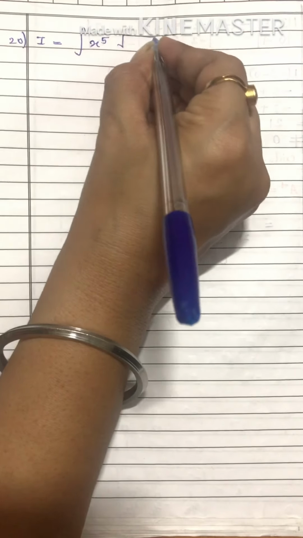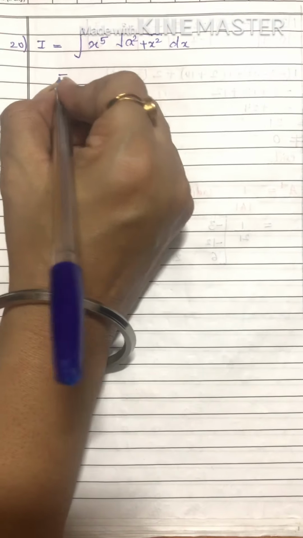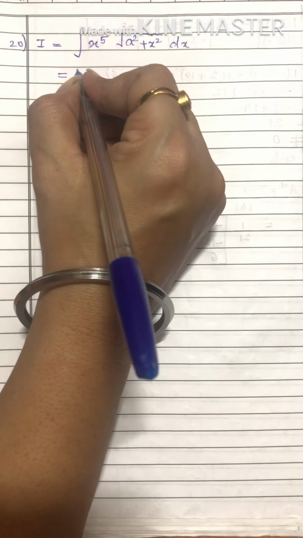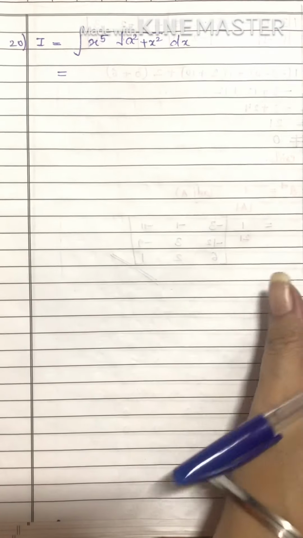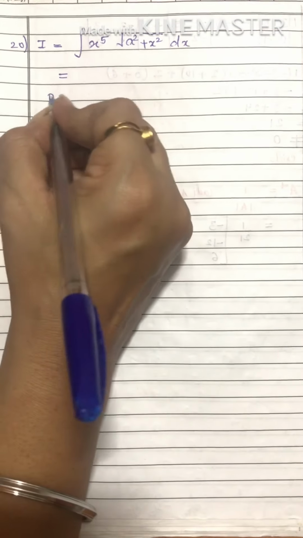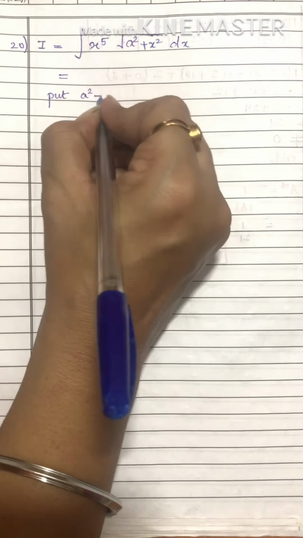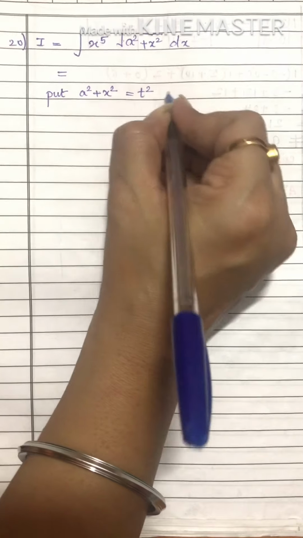The integral of x raised to 5 root a raised to 2 plus x raised to 2 dx. See here, again I've taken this sum because we have just completed a root type of sum. So what substitution will we take? We'll take the same type of substitution. a square plus x square is equal to t square.